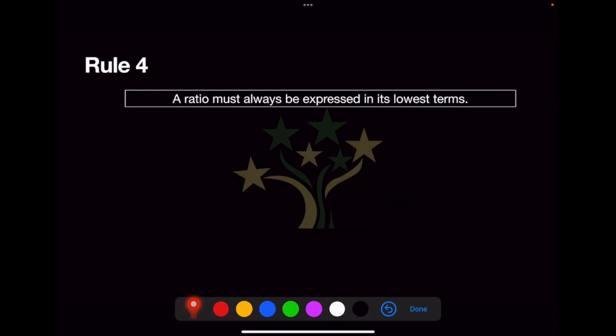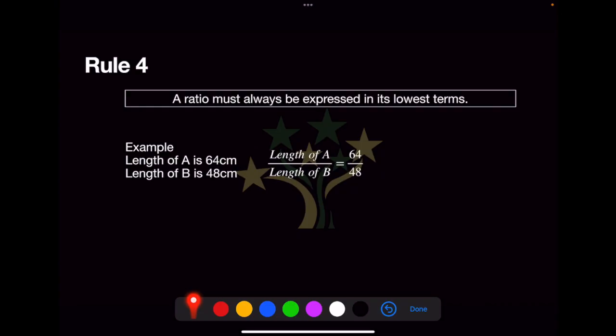Rule number 4. A ratio must always be expressed in its lowest terms. Let's understand this using an example. Here the length of A is 64 centimeters and length of B is 48 centimeters. And when I say to find the ratio between length of A to length of B, it is 64 by 48. But is this ratio in its lowest form? No, it is not in its lowest form.